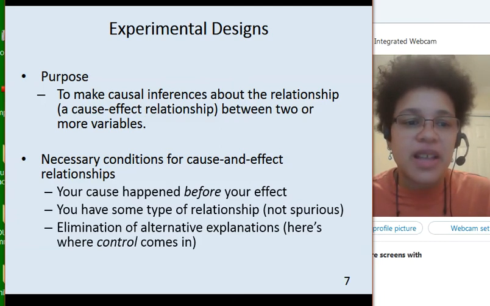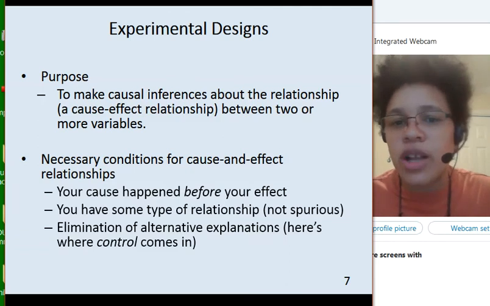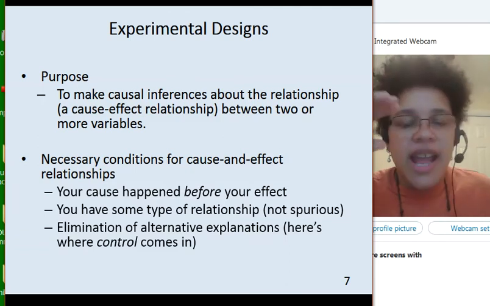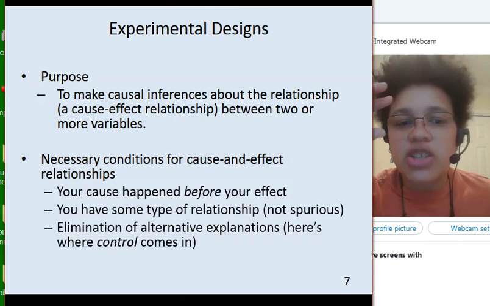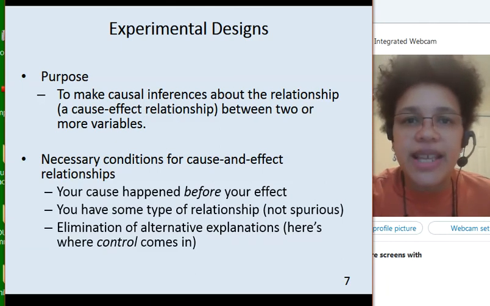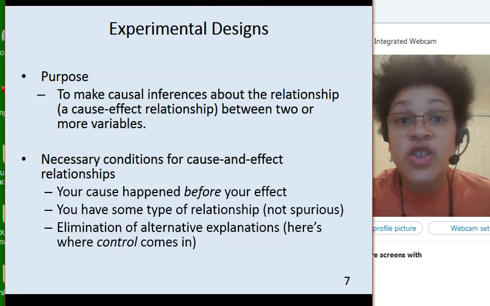And there should be an elimination of alternative explanations. Here's where the term control comes in. The term control is used differently in researcher language than it is in the usual course of everyday life. We're going to talk about this a little more, but basically we're trying to eliminate alternative explanations.